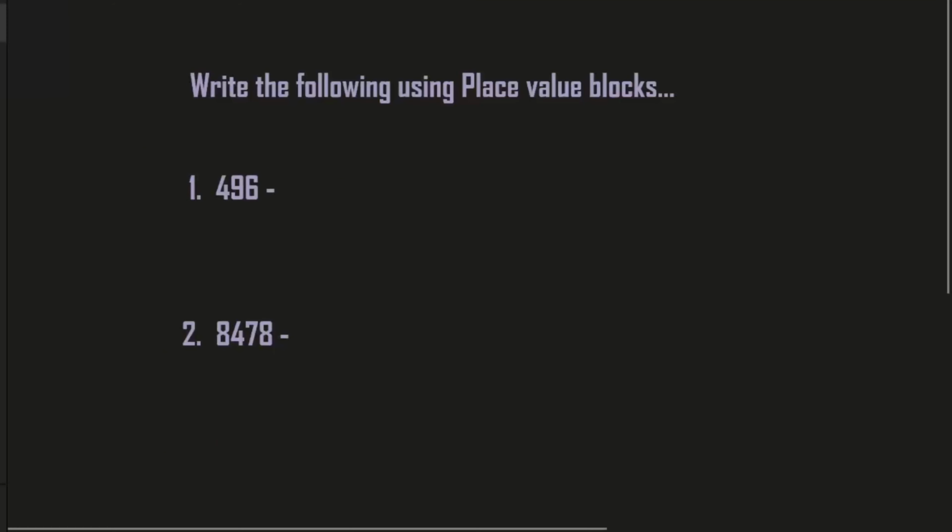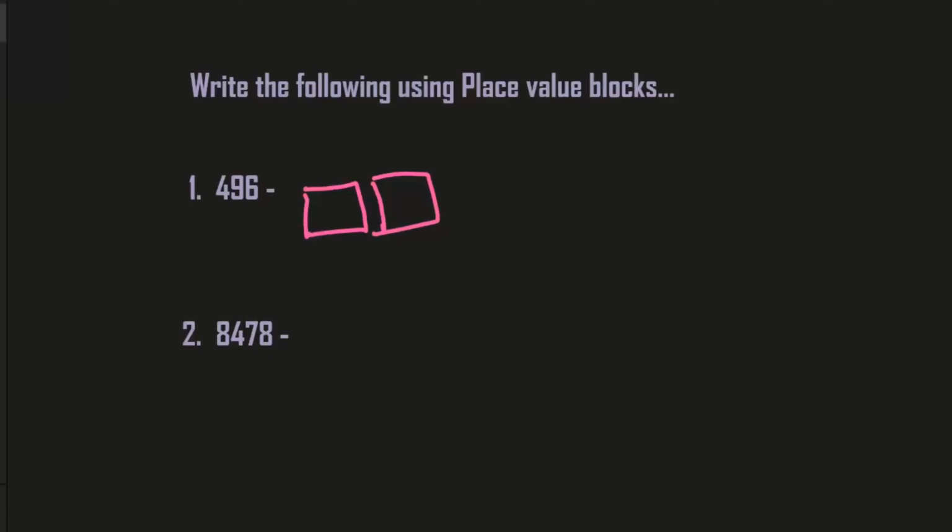Now let's write the following using place value blocks. 496. So 400. Hundreds is two-dimensional squares. So let's draw the squares. 4 squares because 400. 1, 2, 3. They're not perfect squares. Some of them might look like rectangles, but that's okay.